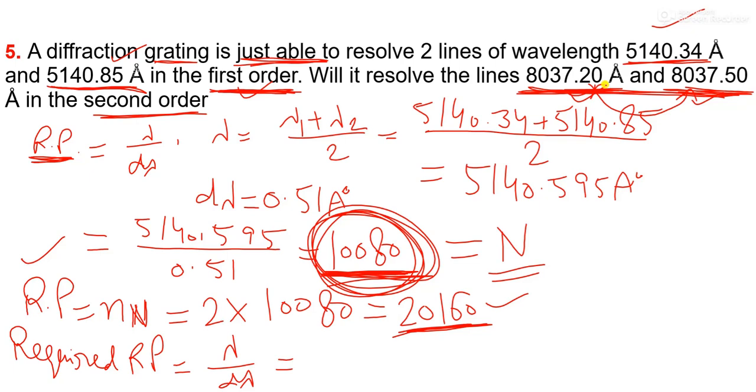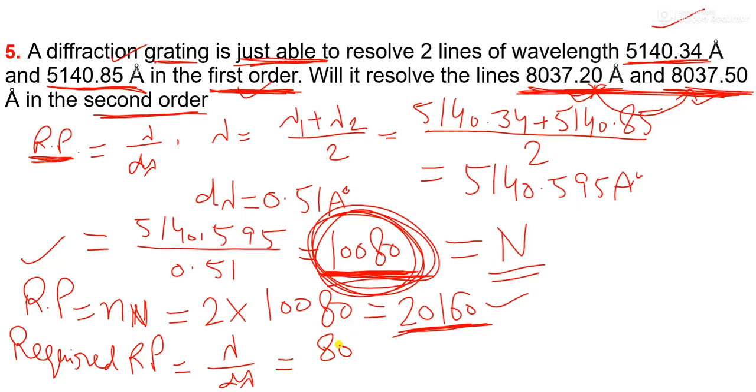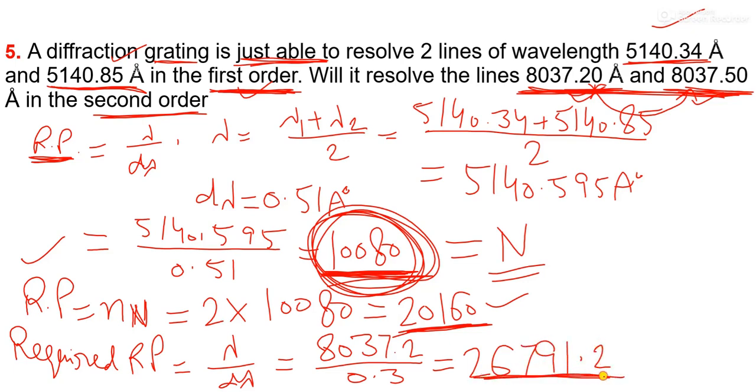If we calculate the average, lambda 1 plus lambda 2 by 2, it comes to 8037.2, and the difference is 0.3. So the required resolving power is 26,791.2.